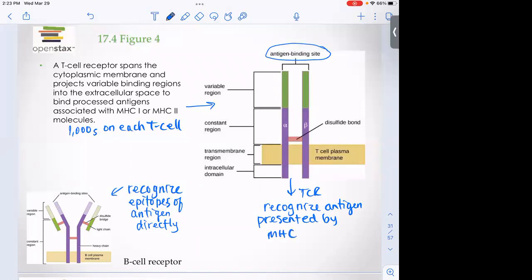Okay, so they're fussy. You have to show them the antigen in just the right way, otherwise they won't look at it. All right.